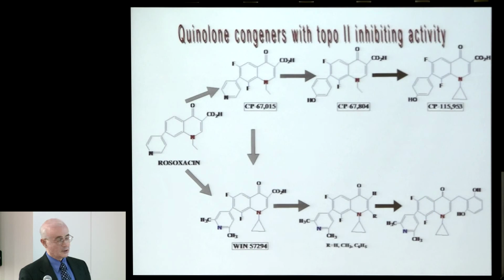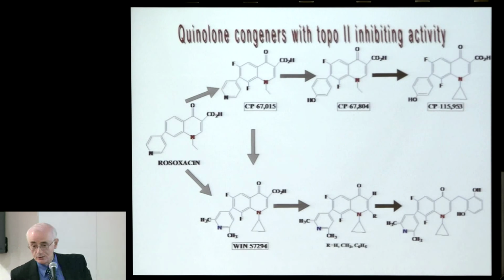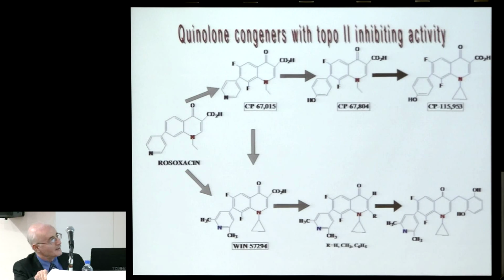This molecule has good activity. So this is the way they started with this molecule and came up to this and this, which are active. They are still working on animal models and trying to make it as active as possible.